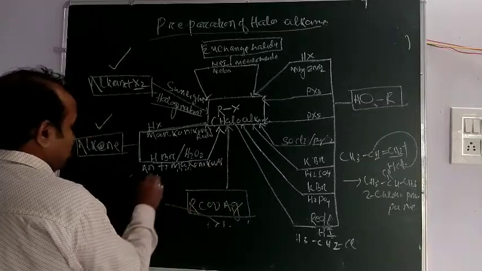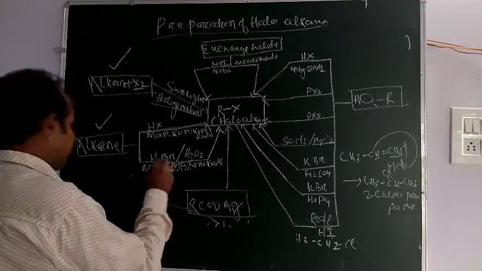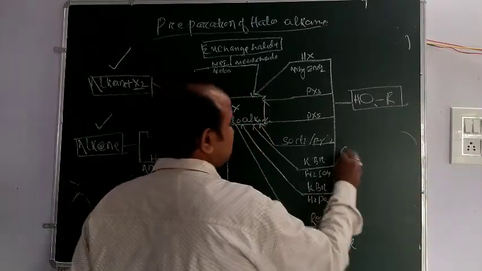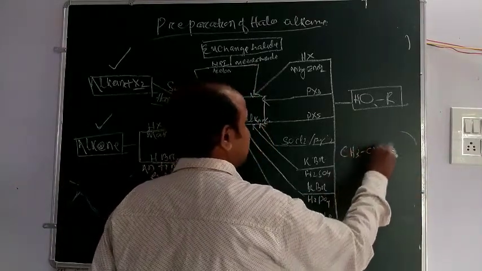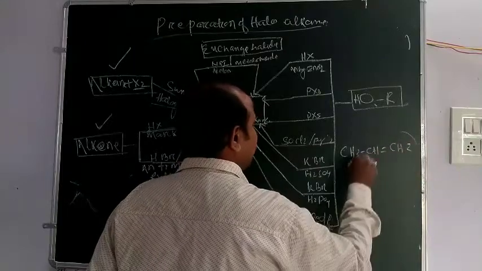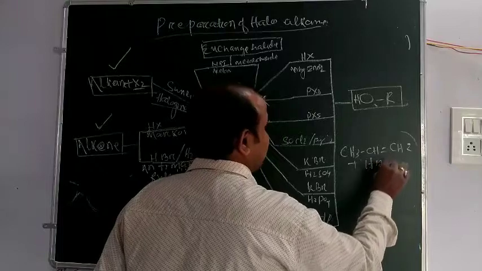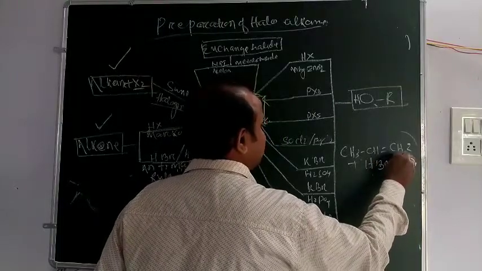Anti-Markovnikov's rule. Suppose CH3CH=CH2 reacts with HBr in the presence of a peroxide.